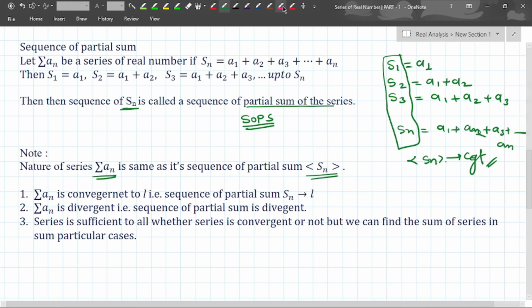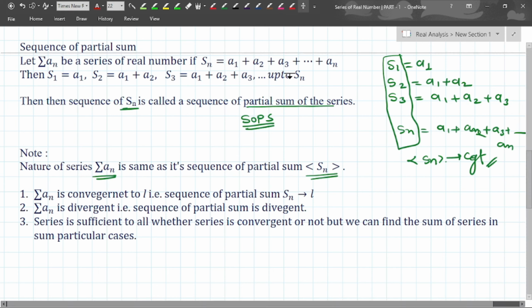So if the series is convergent, converging to L, it means that the SOPS sequence will converge to L. If it is diverging, then it will diverge, but it will not oscillate. It means the SOPS is sufficient to tell whether the series is convergent or not, but we can find the sum of a series only in particular cases.